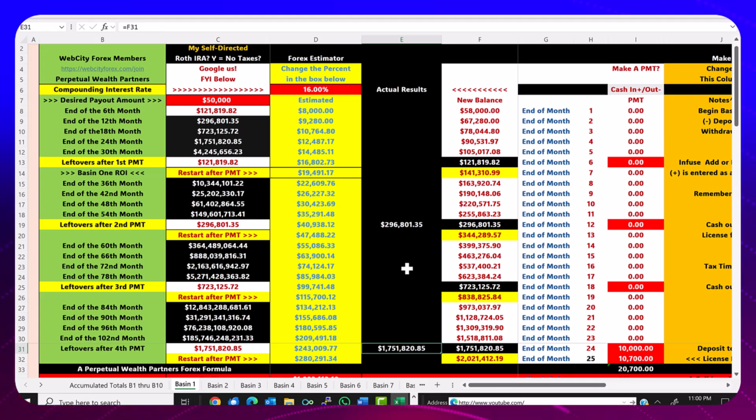See, it goes from 300,000 to 1.7 million in 2 years. So why would you leave 50,000 in your Roth IRA if you could put it over here and make 1.75 million?